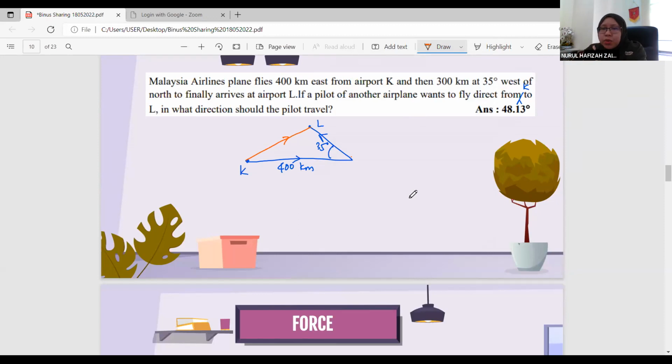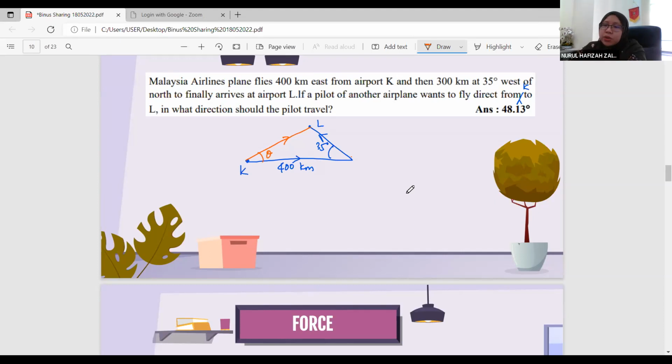But if we want to do it by calculation, we know this is actually a resultant of two vectors. So how are we going to find what direction the pilot should fly? From here, how are we going to find theta?